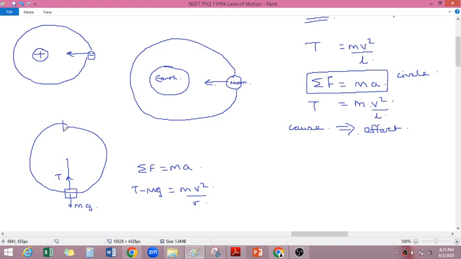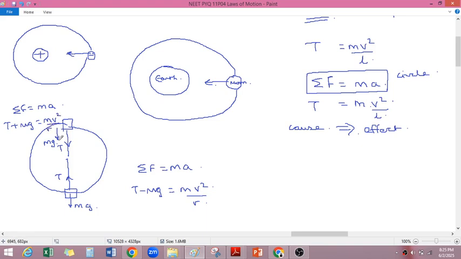And suppose the mass was at the top, then the tension will be acting this way, and mg is also acting downwards always. So I will write sigma F is equal to ma: T plus mg, not T minus mg, is equal to mv squared by r.